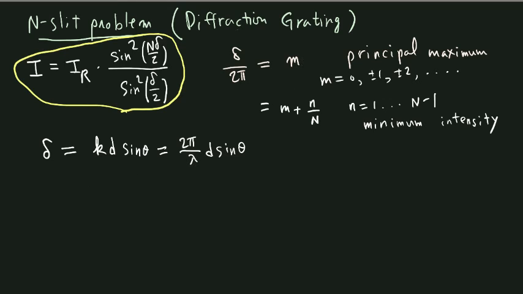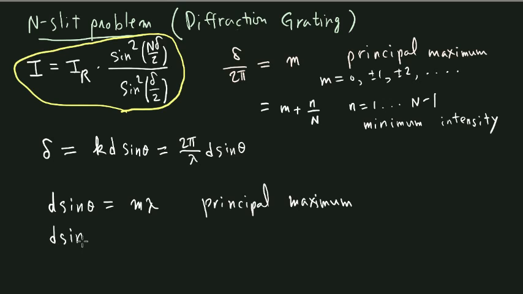So then we have the principal maximum condition, which is d sine theta equals m lambda, and then d sine theta equals m plus l over n times lambda is the intensity minimum.